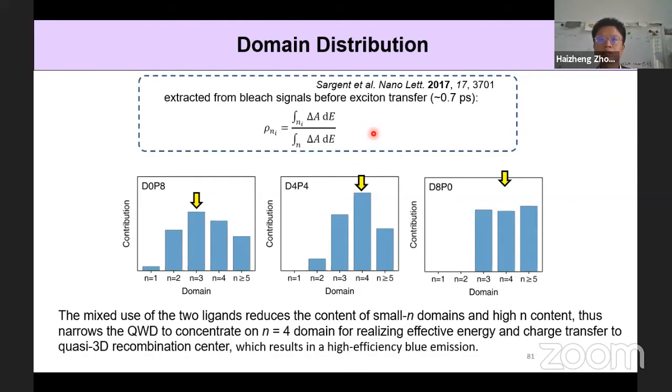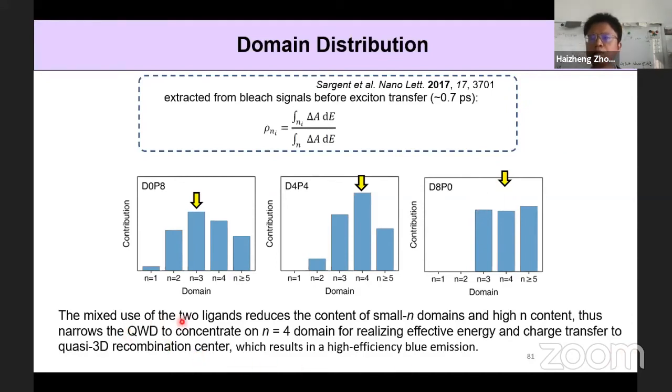The samples with PEA show a very broad quantum well distribution centered at n=3, while the samples obtained from DPPA show large n values, from 3 to 5.